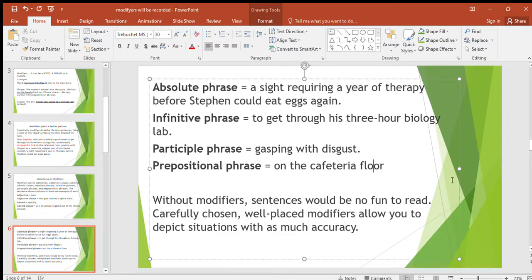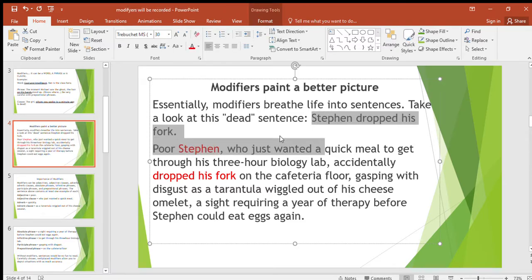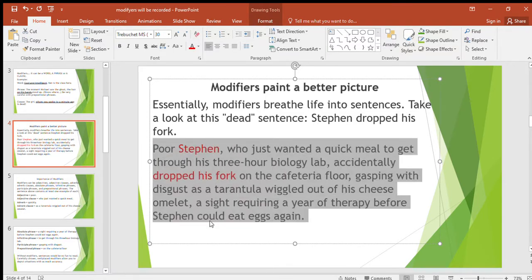Without modifiers, sentences would be no fun to read. Carefully chosen, well-placed modifiers allow you to depict or imagine situations with as much accuracy. Looking back, what would you imagine much clearer: Stephen dropping his fork, or this one?